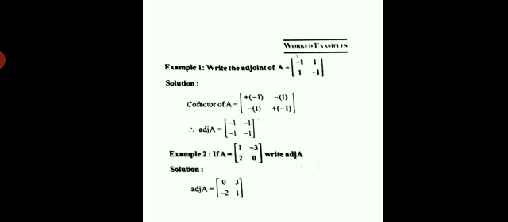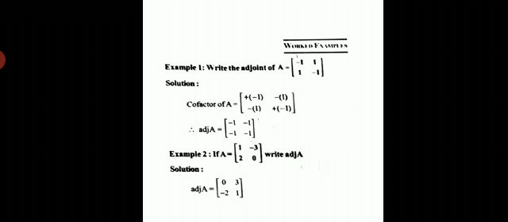Write the adjoint of A. It is given by [-1, 1; 1, -1]. You can write it directly using the hints as noted in the previous slide. Otherwise, you practice it with the cofactor of each element.